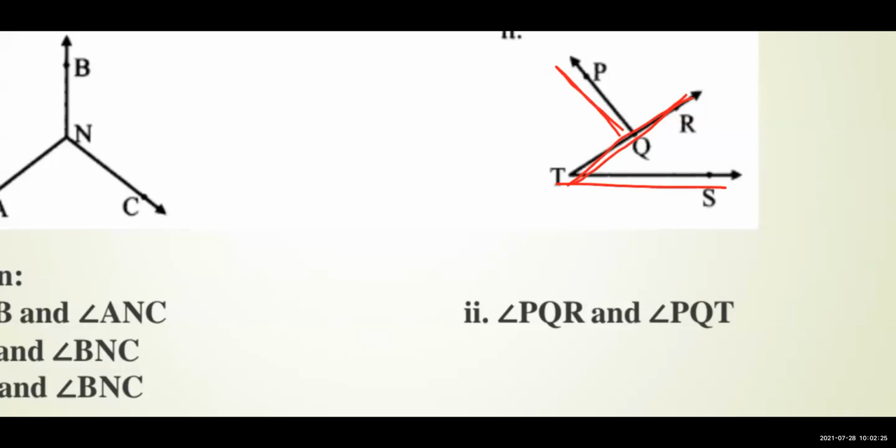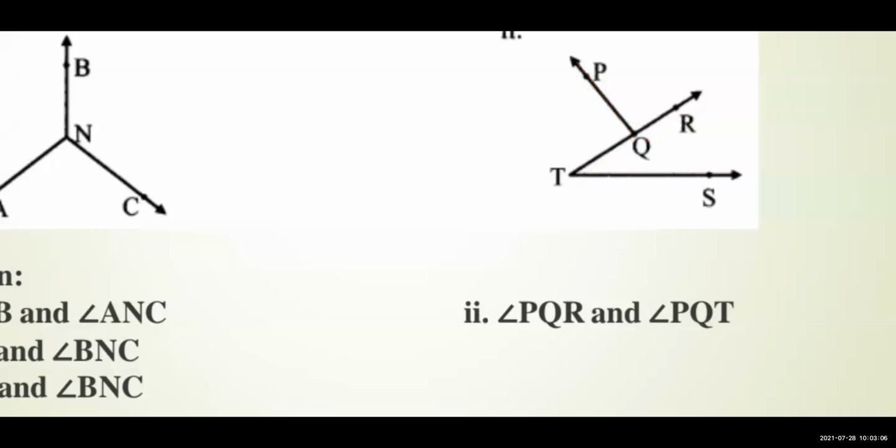If I write PQR and PQT, this is the pair of adjacent angles where PQ is our common arm. Q is our common vertex and having a separate interior and also having a separate interior.